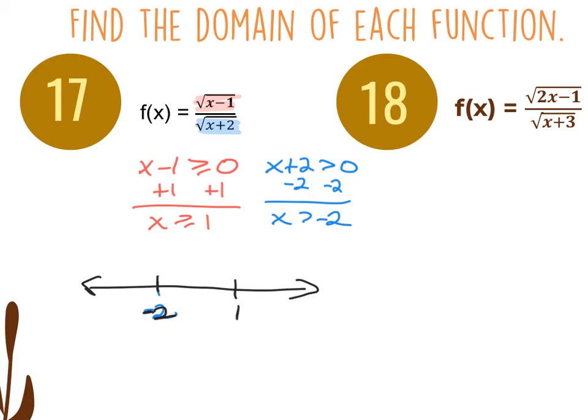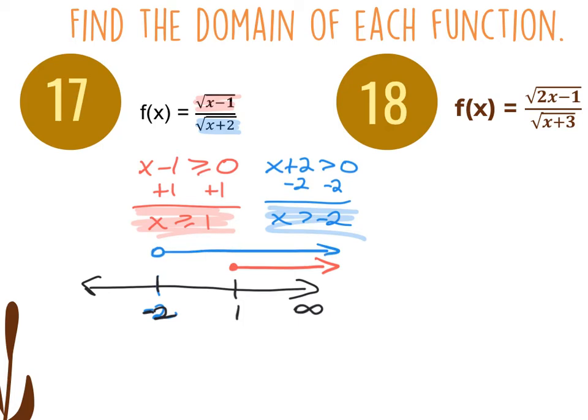All right, so I'm going to graph this one first in red. So it'll be a closed circle on +1 going to infinity. Then I'll graph the blue one. This will be an open circle on -2, again going to infinity.